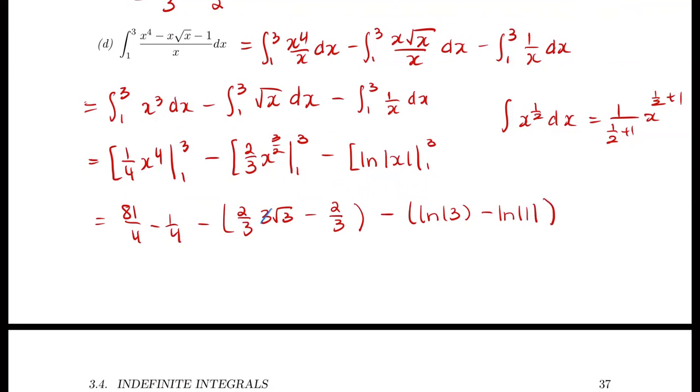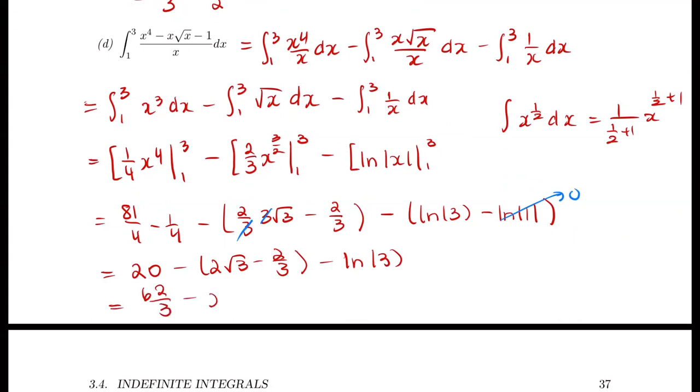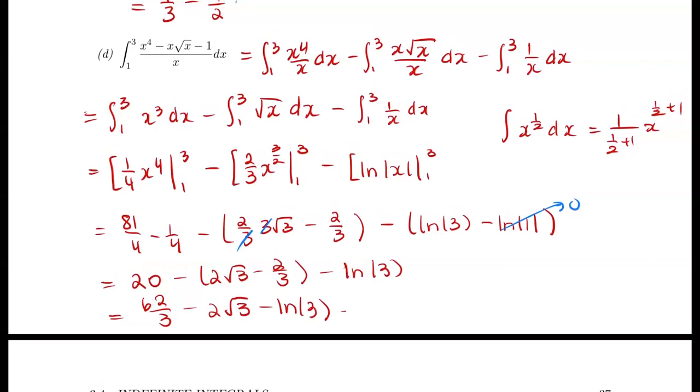These 3s cancel, and this is going to go to 0. And so our final answer will end up being 20 minus 2 root 3 minus 2/3 minus ln of 3, or that can turn out to be 62 over 3 minus 2 root 3 minus ln of 3. So that's the answer for part D.